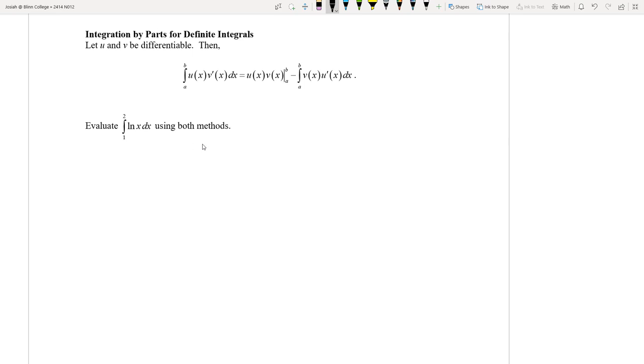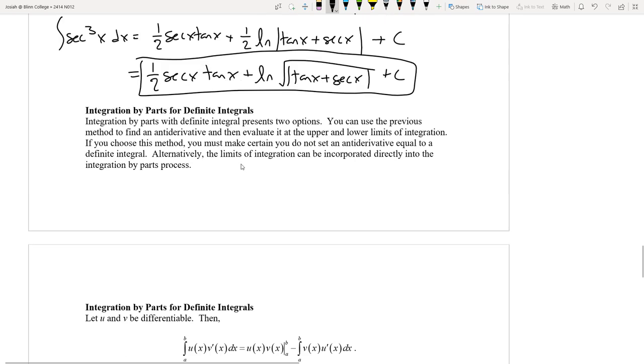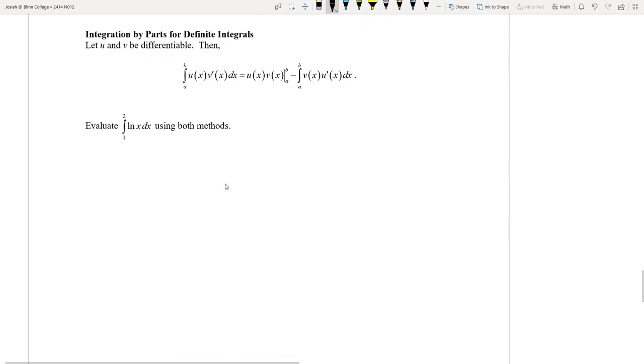First, we'll do the definition up here, which is the second option. Integral from 1 to 2 of natural log of x dx. We have just one function, it appears, so we'll use that dx as our other function. We'll let u be, remember LIPET, logarithm first, natural log of x.